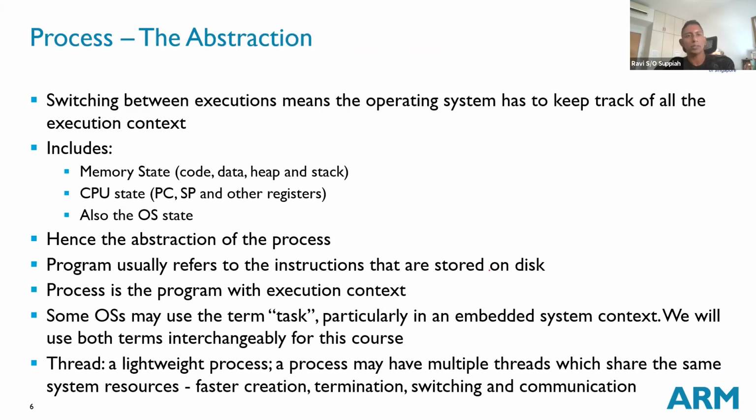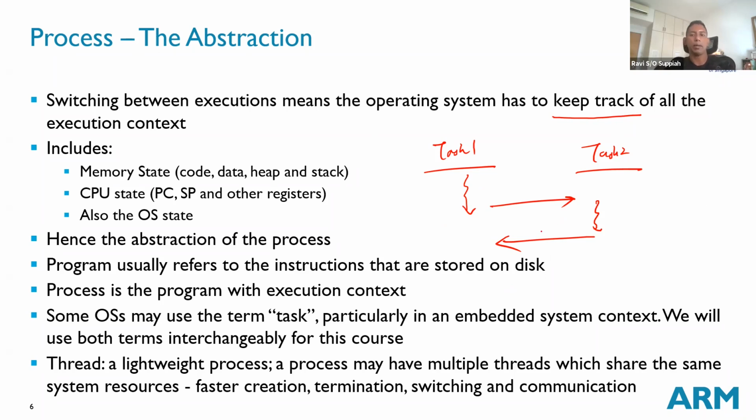As far as the process is concerned, while I'm switching between tasks, I need to be able to keep track of the context. That means when I'm running a particular task, task 1, and I have another task, task 2, I may have to switch to task 2 to run, and then I may have to switch back after that. So as I'm switching to and fro between multiple tasks, I need to know exactly where I left off.